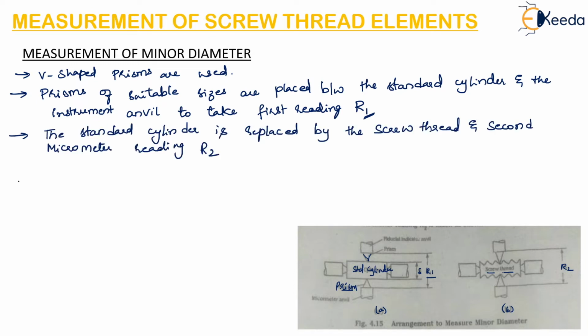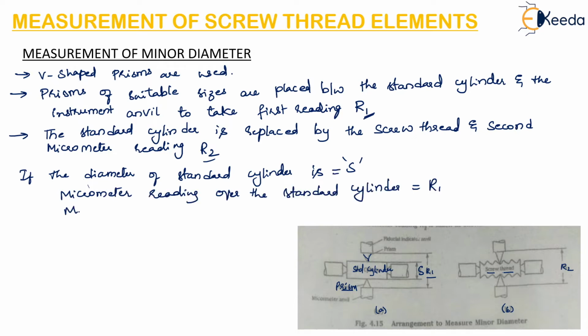So how do we calculate with the help of these readings? If the diameter of the standard cylinder is given as S, the micrometer reading over the standard cylinder is R1, that is the first reading. The micrometer reading over the screw thread is R2.